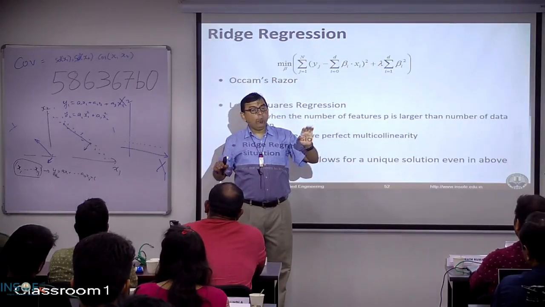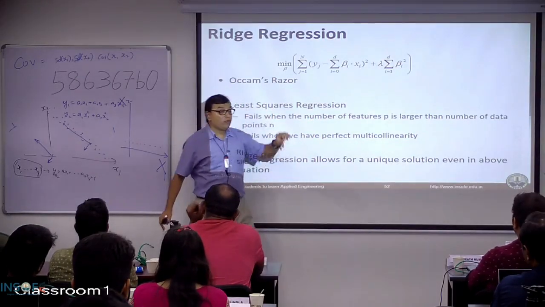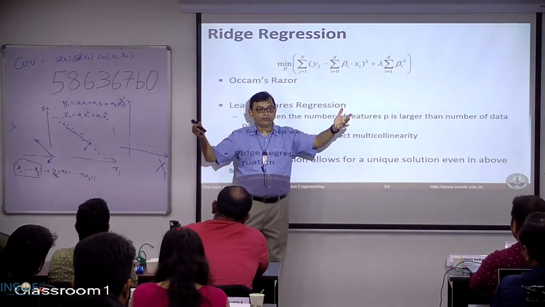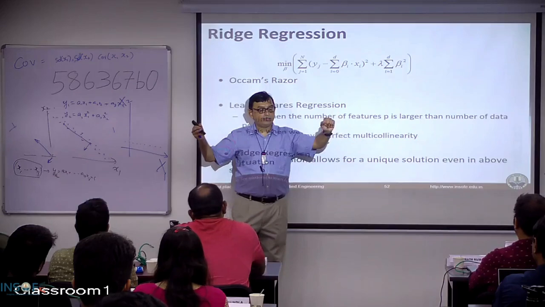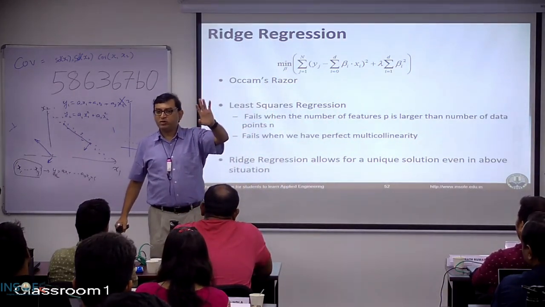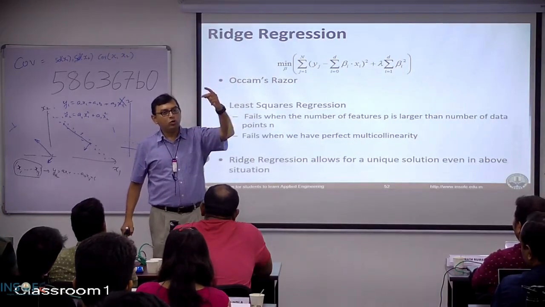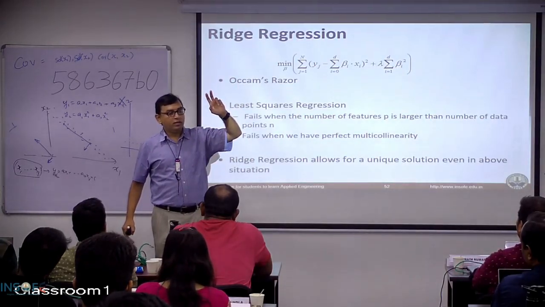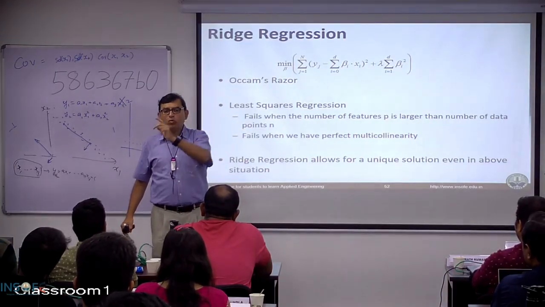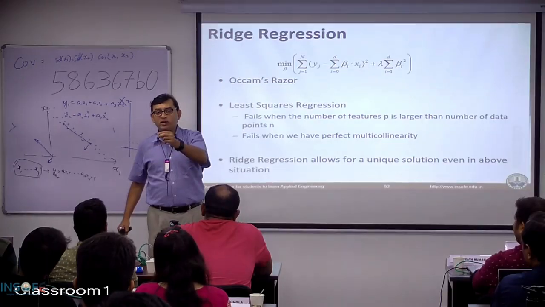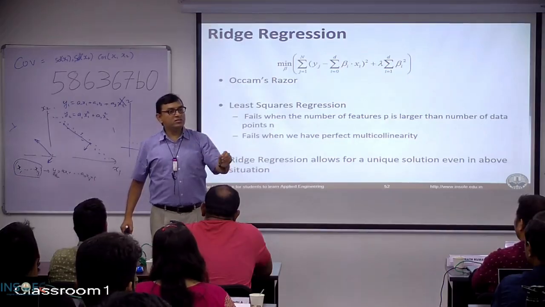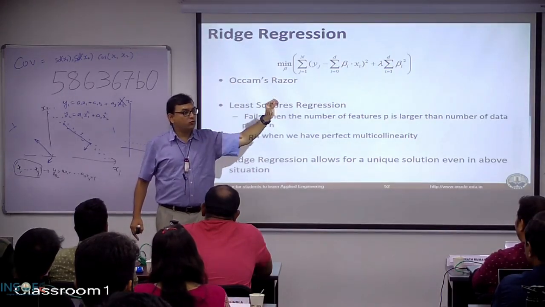What happens if the number of equations you have is less than the number of features? What happens then? Remember from basic algebra, you have three unknowns and only two equations. Can you solve it? What does that mean? It means there are infinite possibilities for your unknowns.